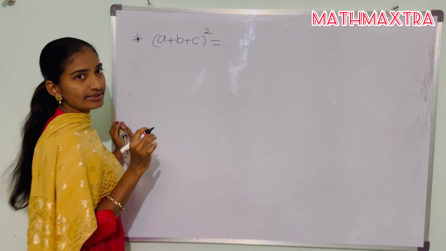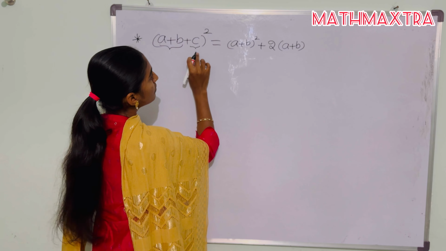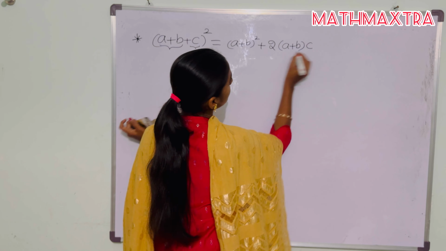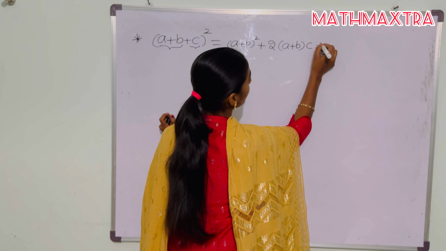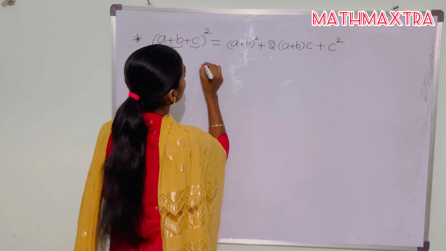So how can you expand this? a square, so in place of a, we have (a plus b) whole square, a square plus 2 times a into b, right? In place of a, we have a plus b, and in place of b, we have c, right? 2ab plus b square. So in the place of b, we have c, c square.